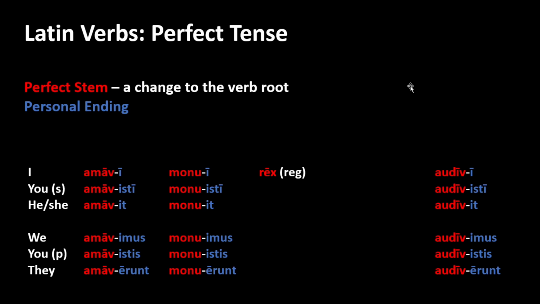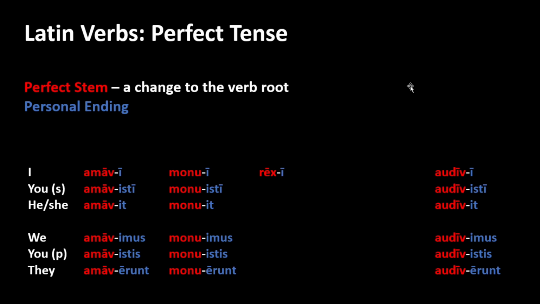In this sense, these perfect tenses here are rather similar to the formation of the second aorist tenses in Greek. I will say no more of this for the moment, though I will eventually provide a course on the Greek verbs. But for the moment, let us take a change of reg into rex.